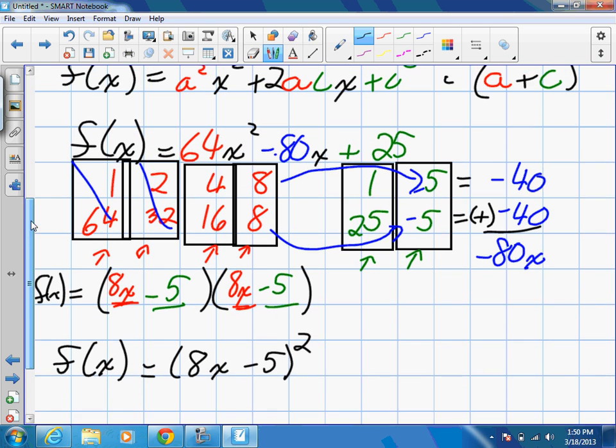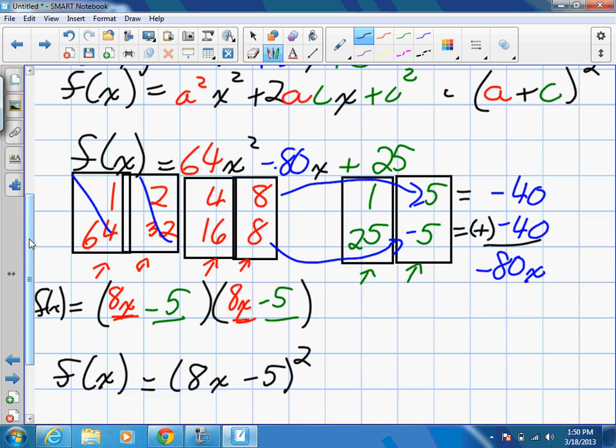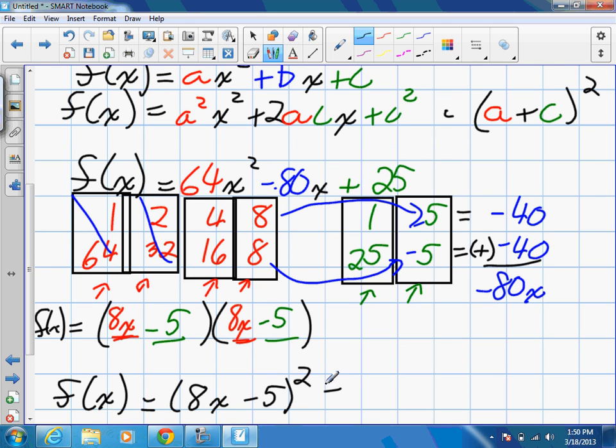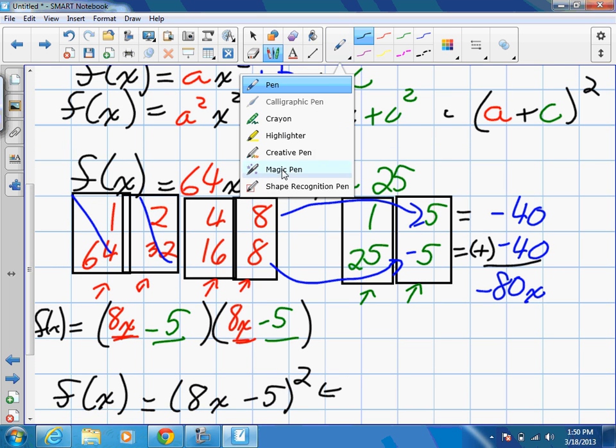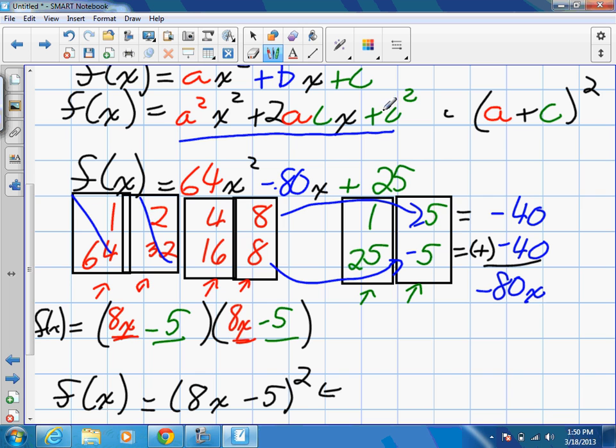So how does this answer relate to what we had done up here? Well, if we take a look, a squared. In other words, what's the square root of 64? 8, that's right. So I could have written 8 here. And sorry, because it's x squared, what's the square root of 64x squared? 8x.